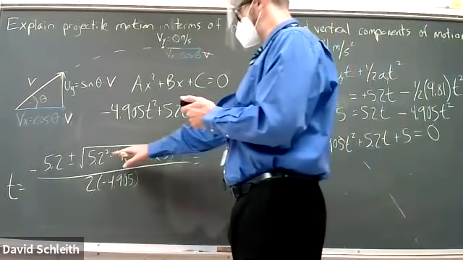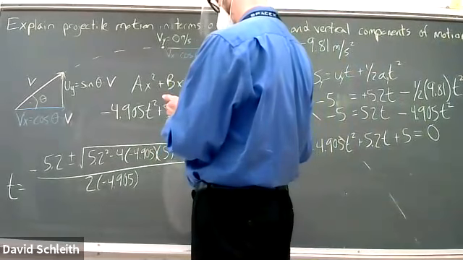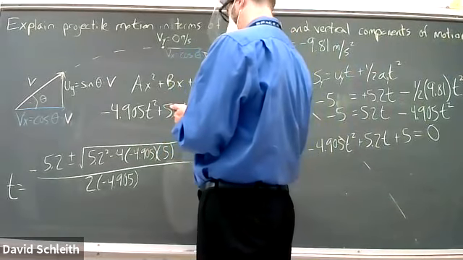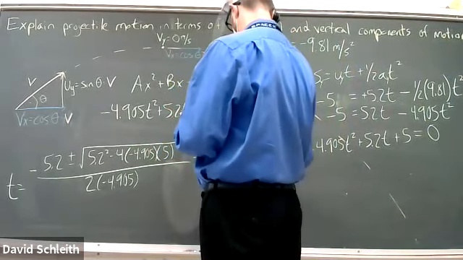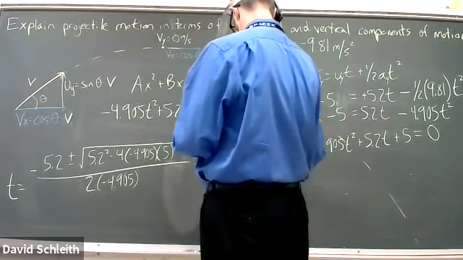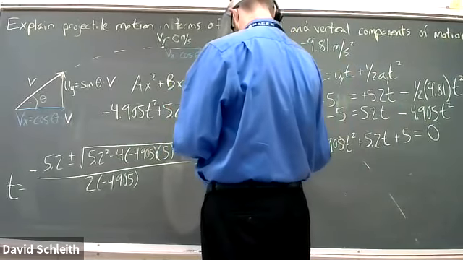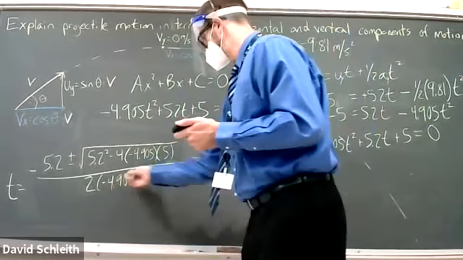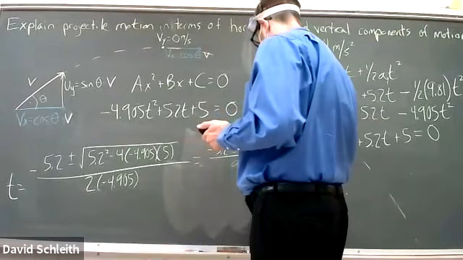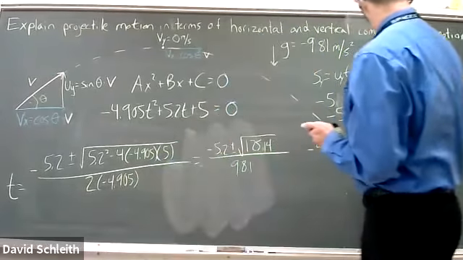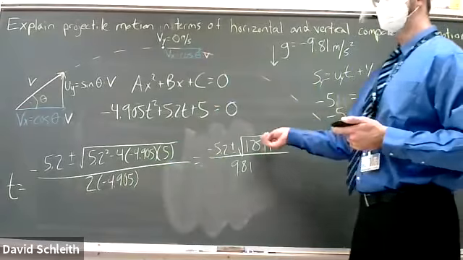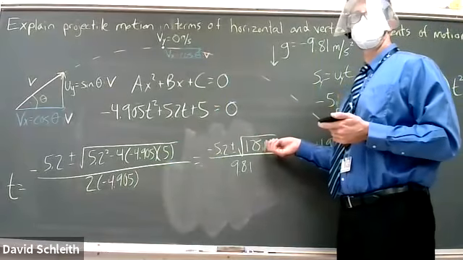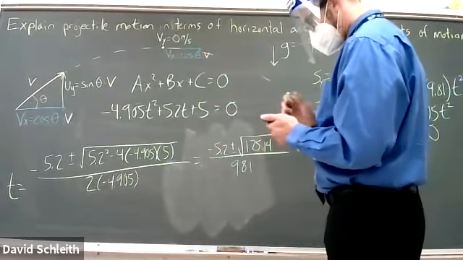So I get underneath the radical 125.14. So I get negative 5.2 plus or minus square root 125.14. And then twice this just brings us back to 9.81. So we divided this by a half to get that. Anybody else corroborate this underneath the radical? Good. And then let's take the square root of it.